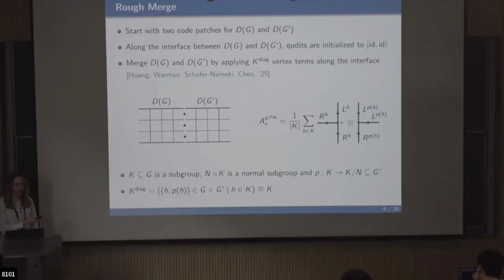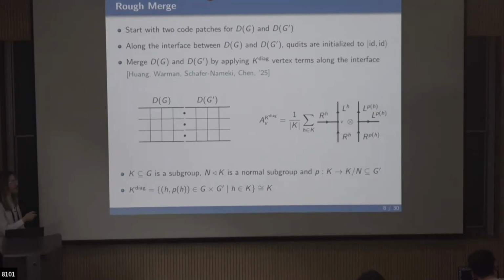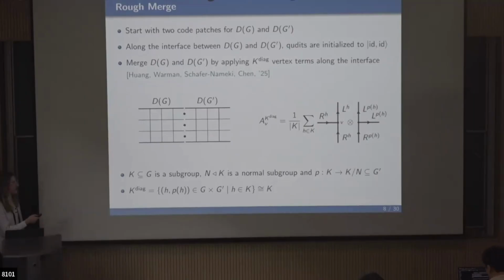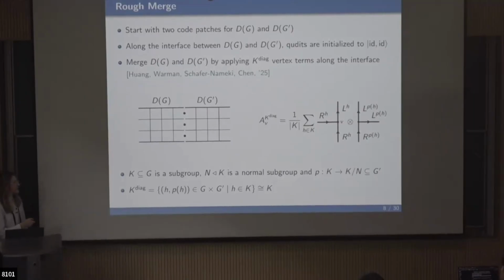Now, if we have two code patches, like for D(G) and D(G'), we will first make sure that they are in the code space, so they minimize the Hamiltonian operators in their respective patches. And then we can merge them by first introducing ancilla group qubits in the identity state.